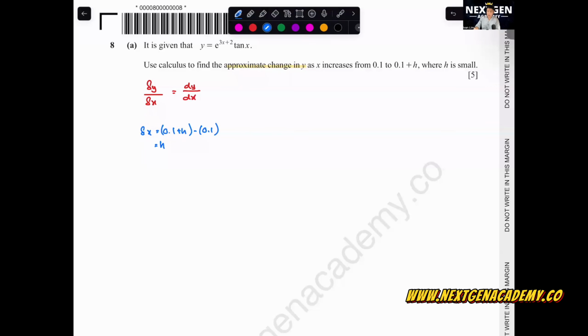Okay, what we need to find is dy over dx. Then we substitute in the original x, which is 0.1. So what is dy over dx? This one we have to use the product rule.